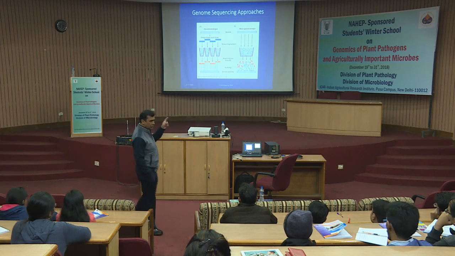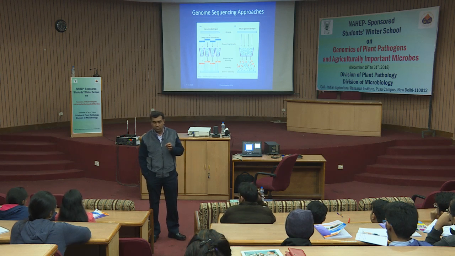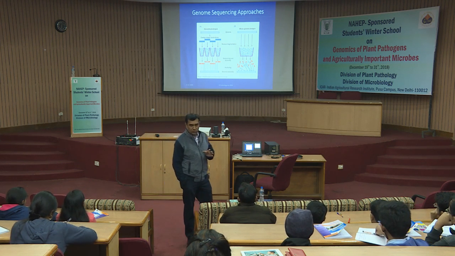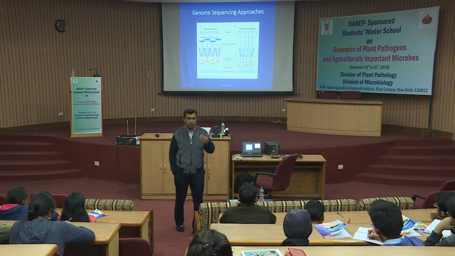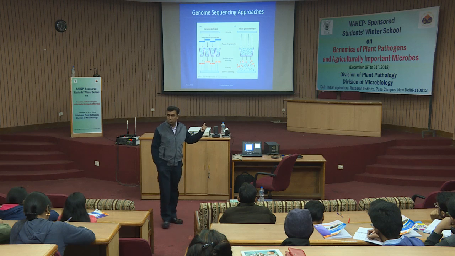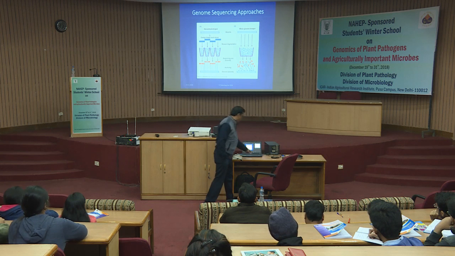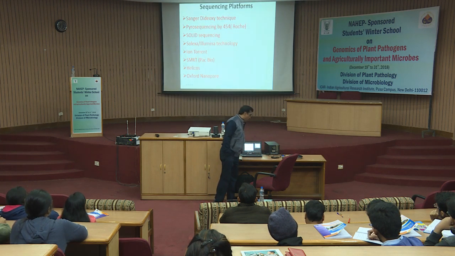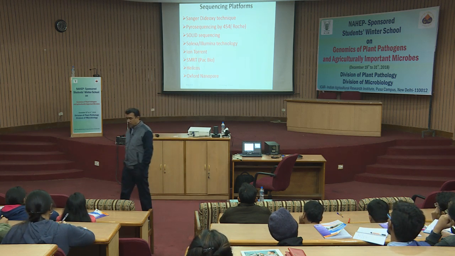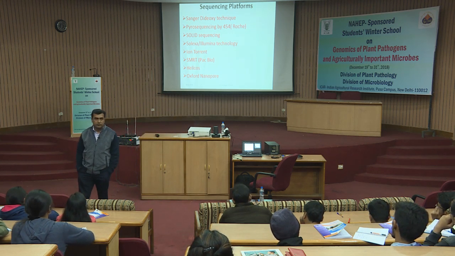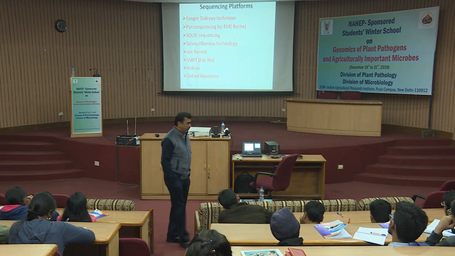The whole genome shotgun is the one which we use for smaller genomes. I am not talking of 1 GB, 2 GB, but very small genomes, where we take up the whole genome or WGS approach. These are the chemistries that we have in the market now, 7 to 8 of them.